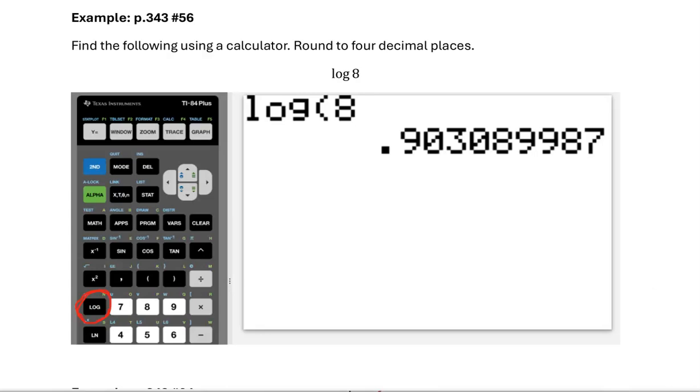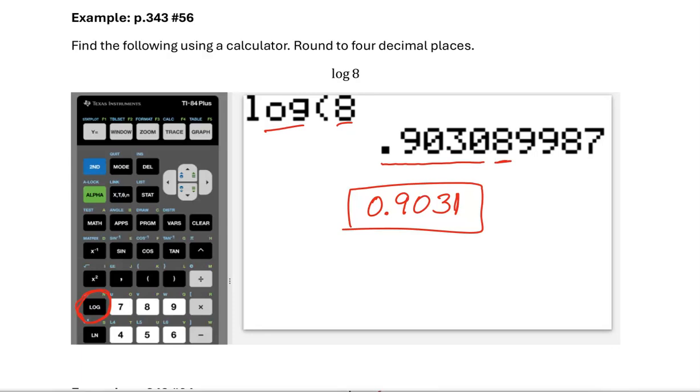So if I want log of 8, I just type log 8 and hit enter. There it is. And so I need 4 decimal places. So I'm going to say it's 0.9031 because it's got an 8 after the 0. There we go. That is the answer to number 56. It's just that easy.